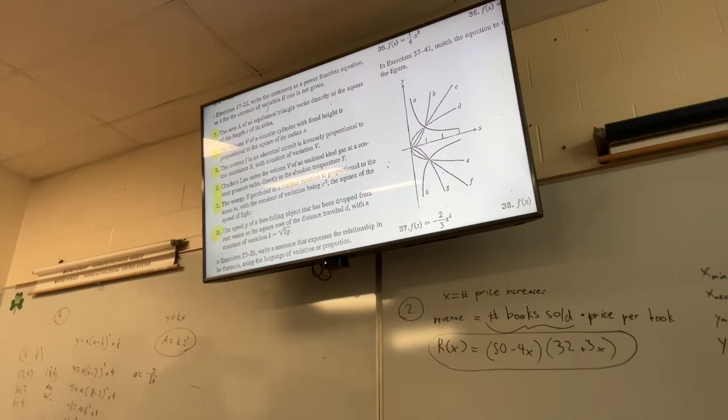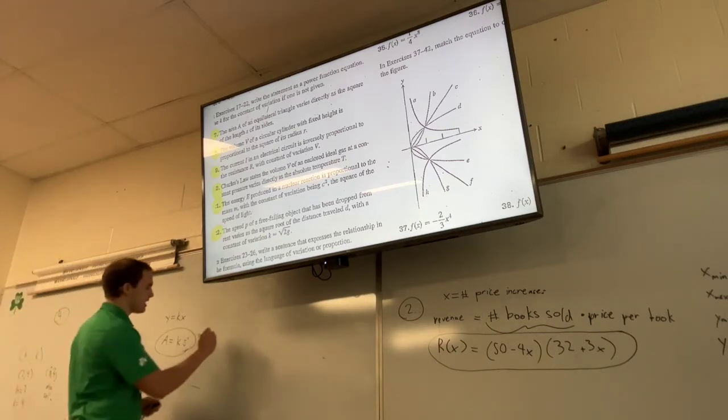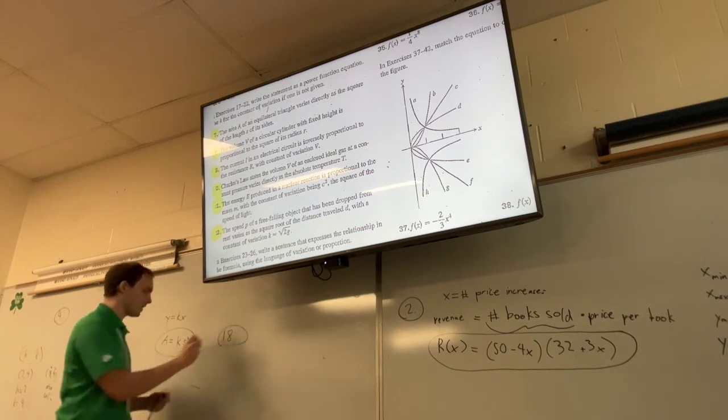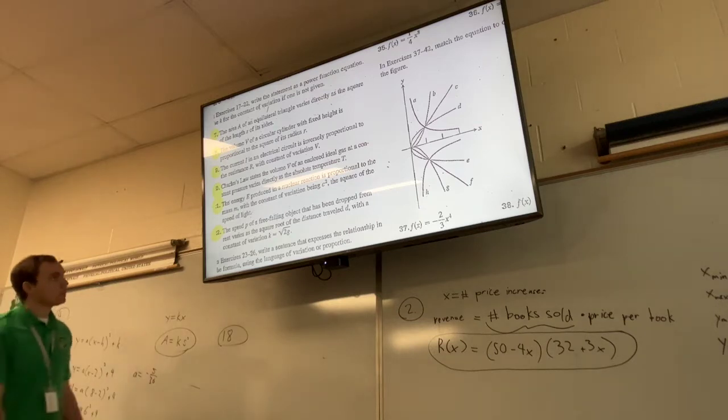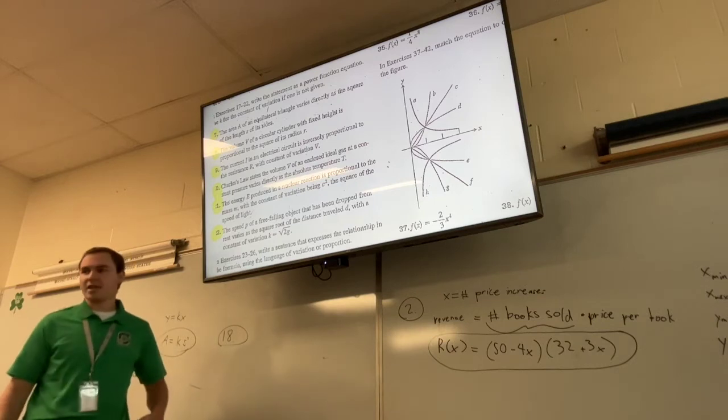All right. Number 18. Anyone have any idea for number 18? The volume of a circular cylinder with a fixed height is proportional to the square of its radius. Is this direct variation?